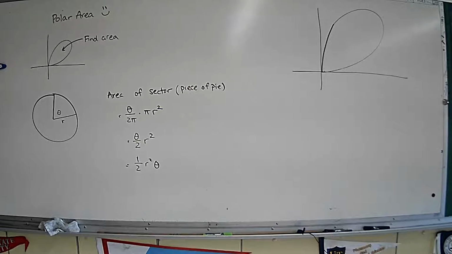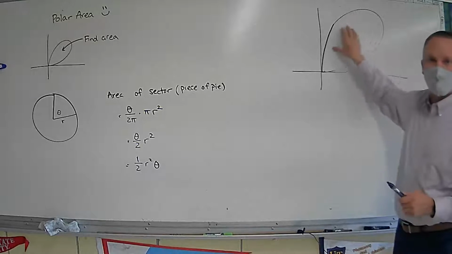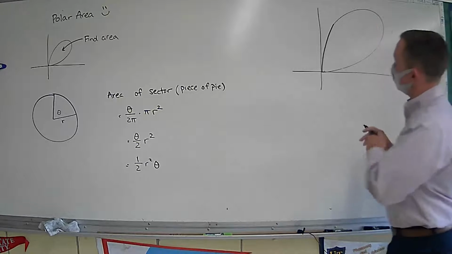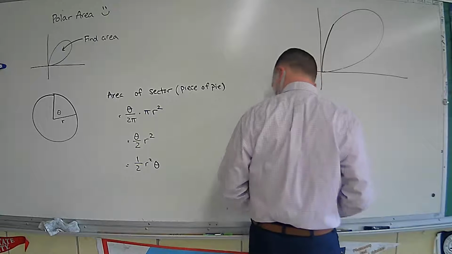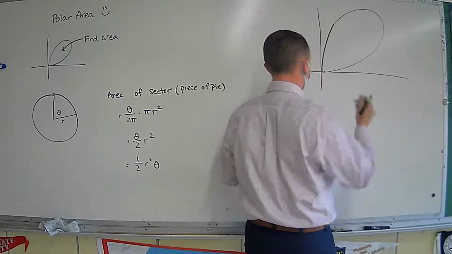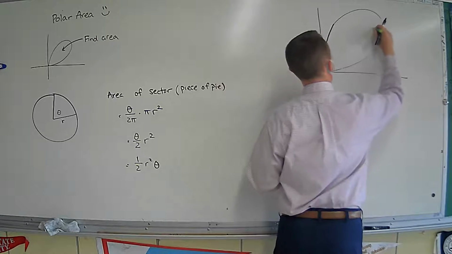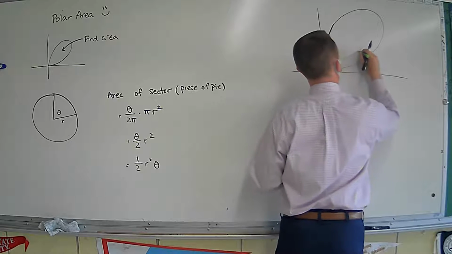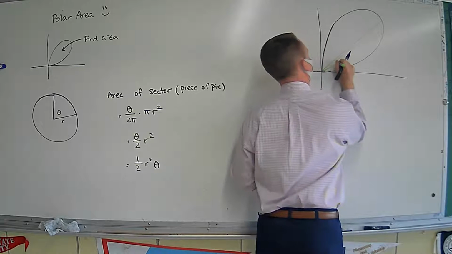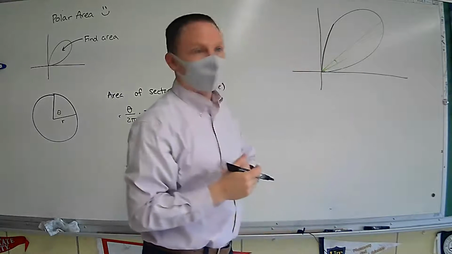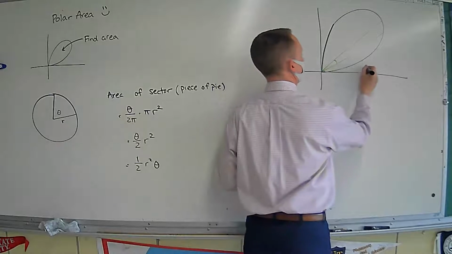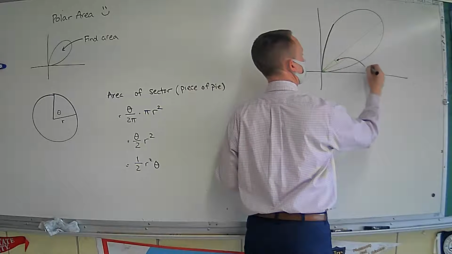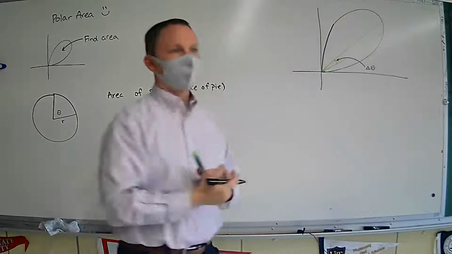So now what we're going to do is we're going to think of this piece of polar area here, this leaf. I'm going to break that into pieces. And I'm going to say that angle right there is delta theta.